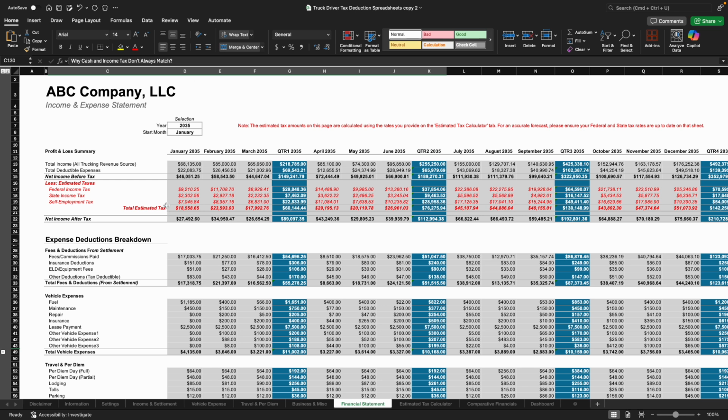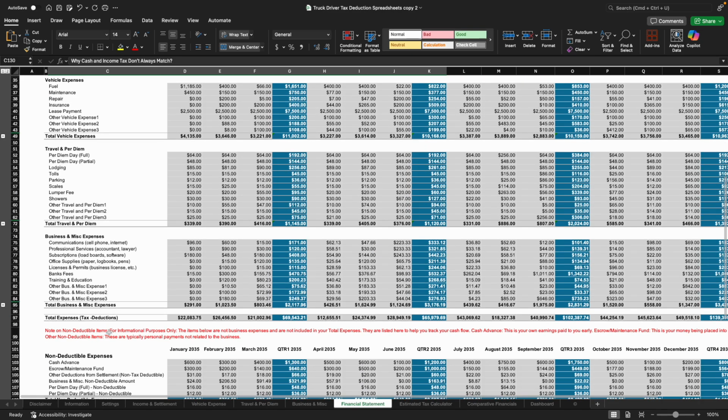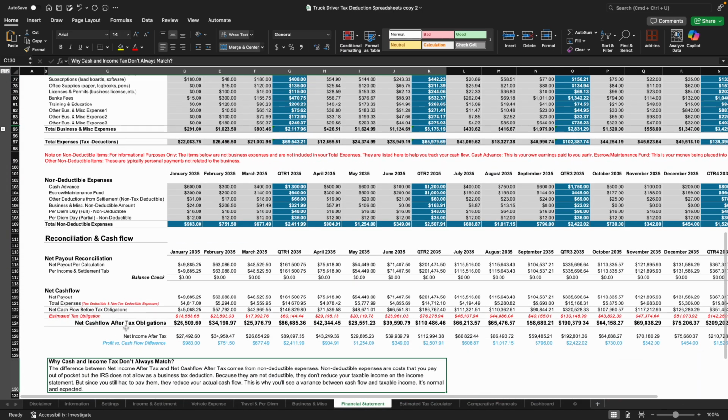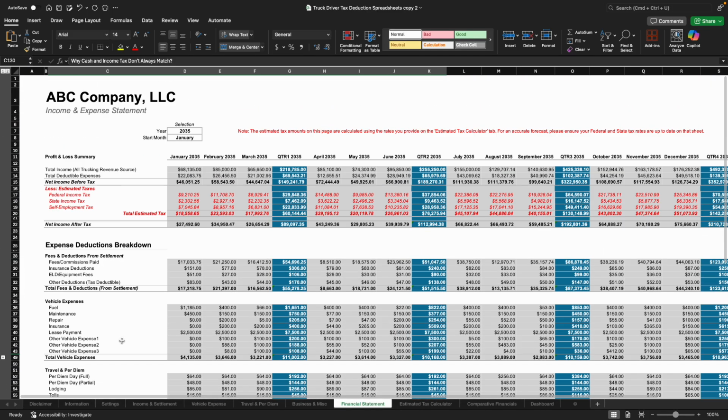So as you can see here, the financial statement is laid out with a profit and loss summary, then you have your expense deduction breakdown, and after that you have non-deductible expenses, and then you have reconciliation and cash flow below. The reason why I put the profit and loss summary at the very top here is because that is the most important piece of this financial statement.